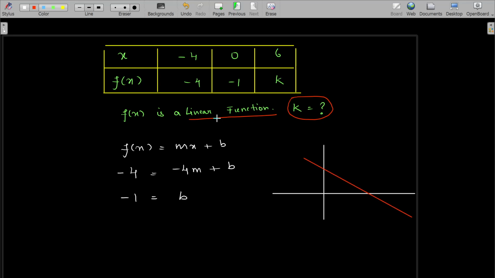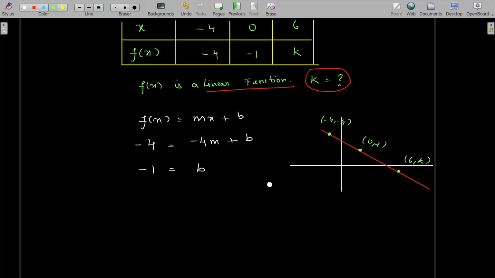Obviously it's going to be a line because it's a linear function, right? And these 3 points are going to lie on this line. It doesn't matter where they are. I'm trying to explain the concept. Let's say this point is -4, -4, this point is 0, -1, and this point is 6 comma k.